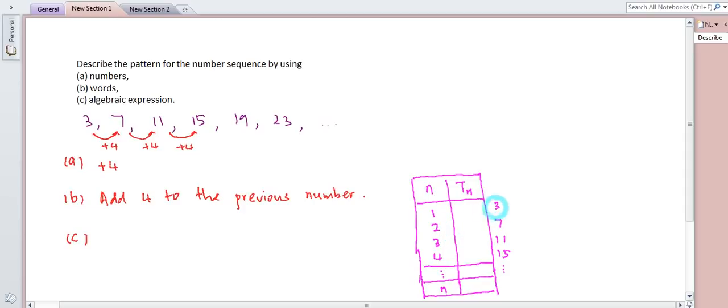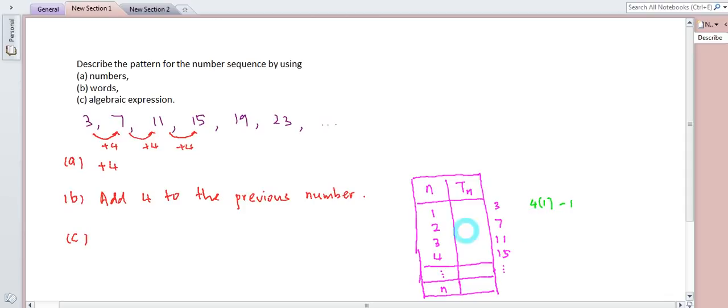So how to get the pattern? We need to take a guess. So 3. You have to change the way of writing the 3, but you still need to keep the same value 3. Maybe I write over here first, 4 times 1 minus 1.